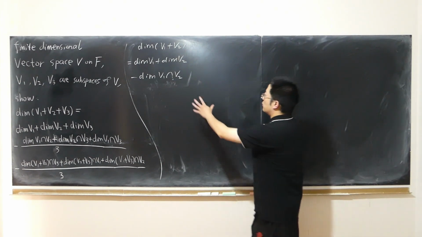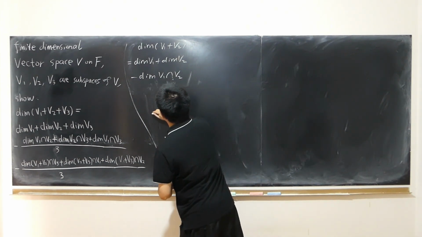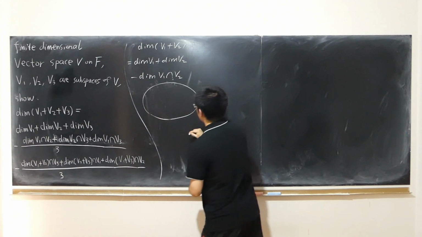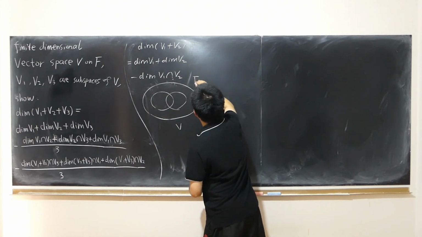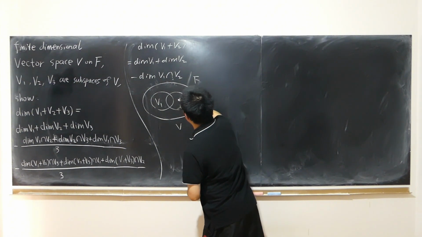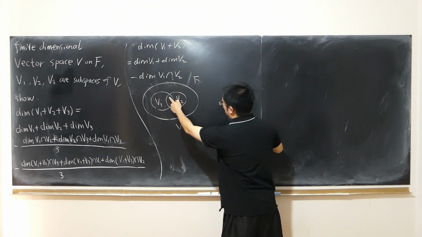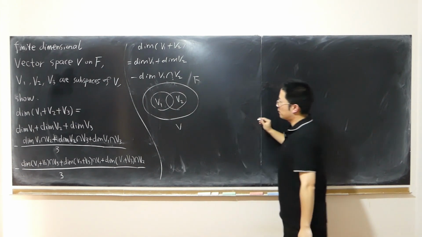So this is true. Let's say we have V, and we have V1, V2, over F. So that's their intersection, V1 intersect V2.